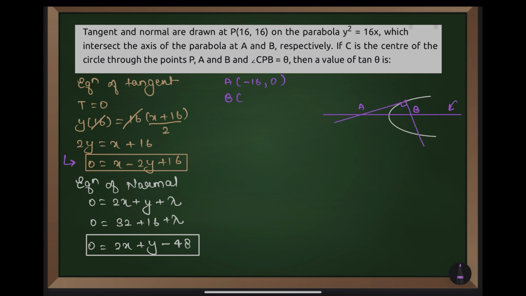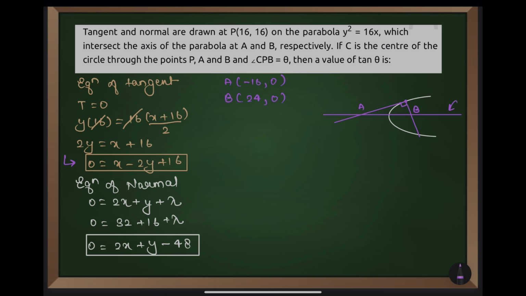B is the normal with the x-axis. So again y equals 0. So it is 24. Correct? So it is 24 comma 0. So you got A and B.